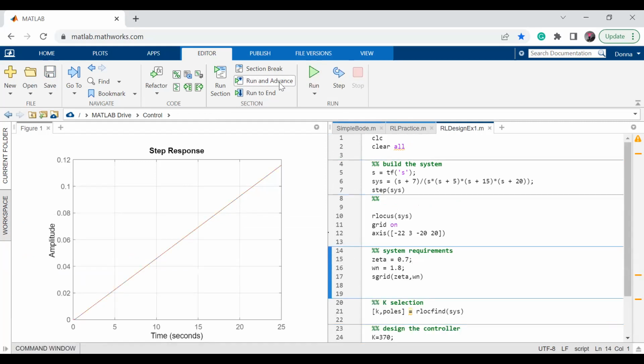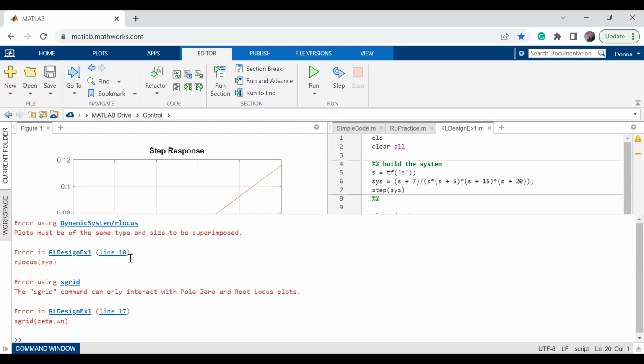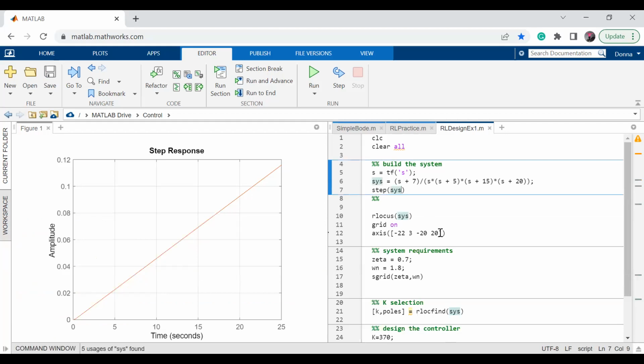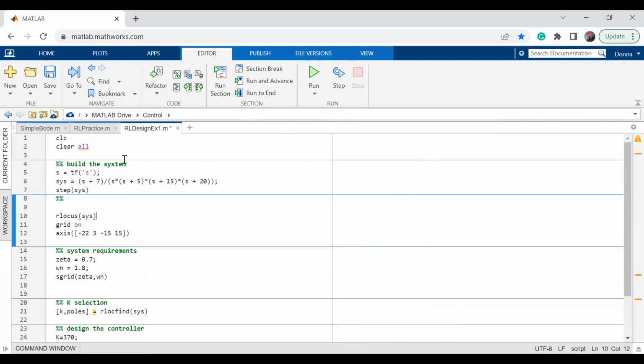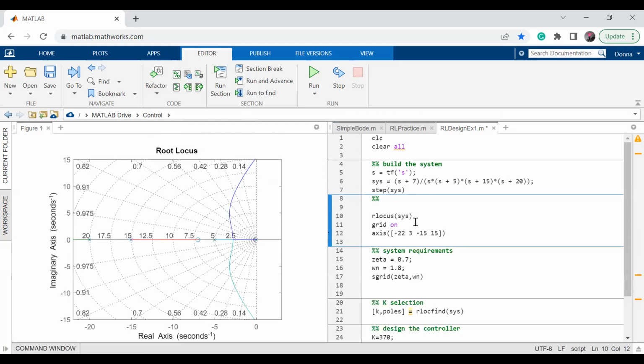Advance. It did not delete it. And run this section. Okay, we are back in business.